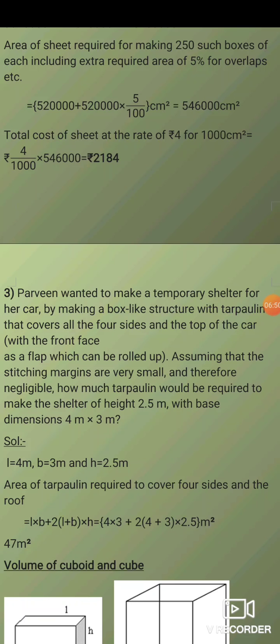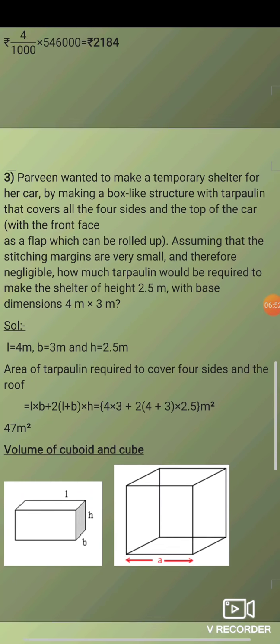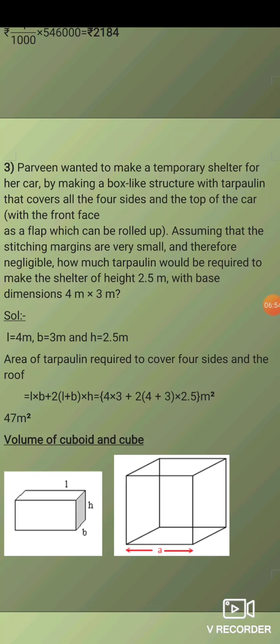Now the solution: length, breadth and height are there. So we need to find the area of the tarpaulin required to cover 4 sides and the roof, which is equal to L into B, roof, plus 2 into (L plus B) into H, the 4 sides. Now substitute all the values. At last area is equal to 47 meters square.